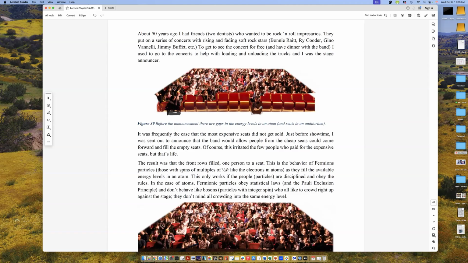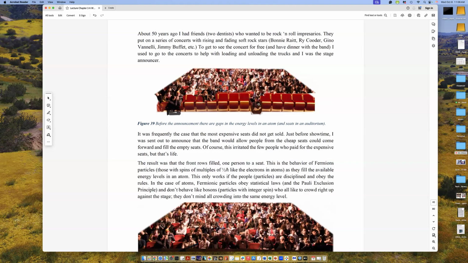And on occasion, we would have an event where the front row expensive seats had not all been purchased, but the rest of the cheaper seats were filled. And it was my job to go out and explain to the crowd that because the front row seats are not full, if you come down in an orderly fashion, you can fill those seats.